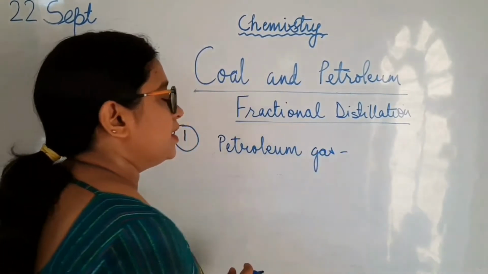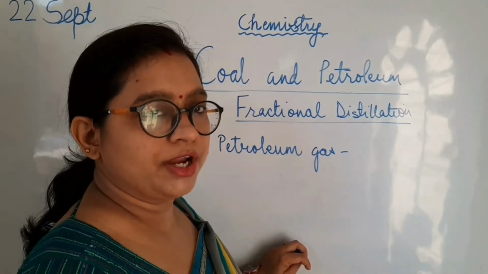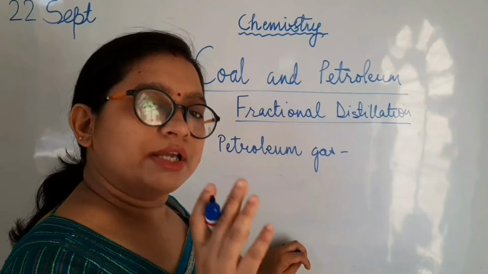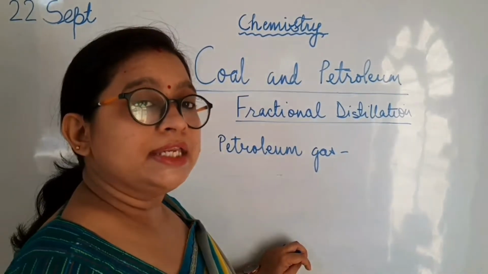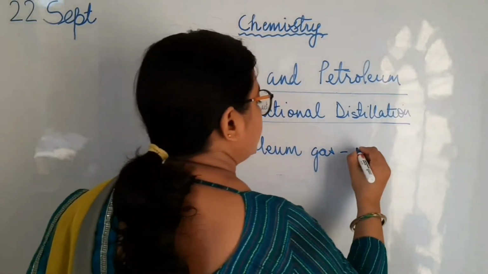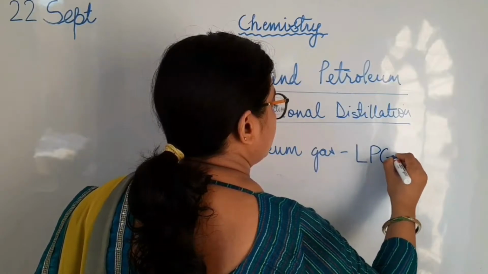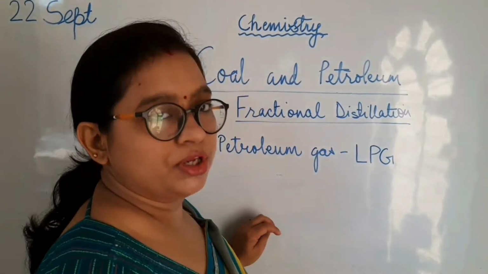Now you will learn in your class 9 how gases are liquefied, but let me tell you, gases are liquefied by increasing pressure and decreasing temperature. Once it is liquefied, it forms LPG, the most common gas used for cooking purposes.